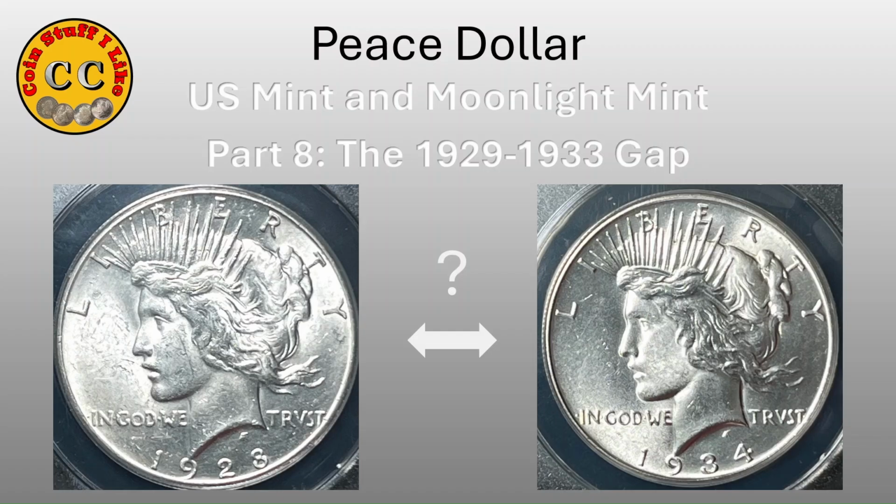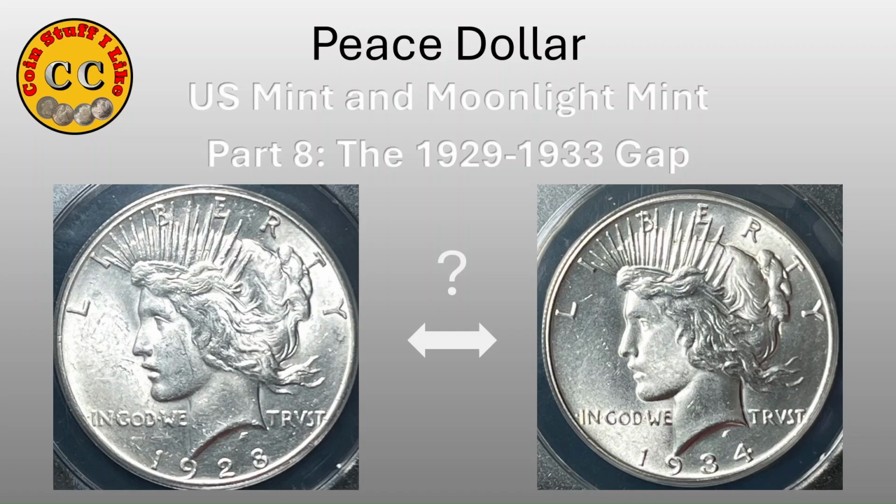Now, you know that the U.S. Mint had a Peace Dollar from 1921 to 1928. Then there's that gap, and then 1934, 1935. Now, that gap is created by two events. One is the Pittman Act ended in 1928, which ended the legal requirement to mint silver dollars.